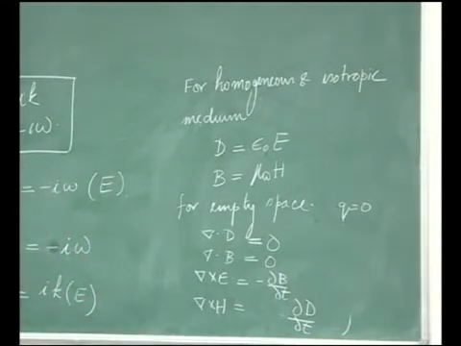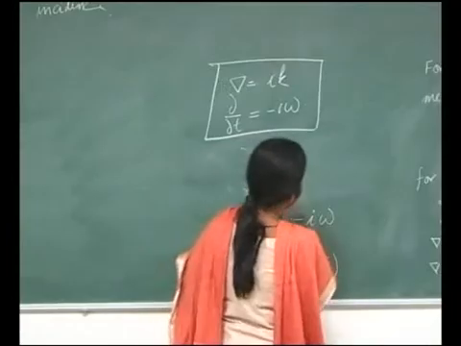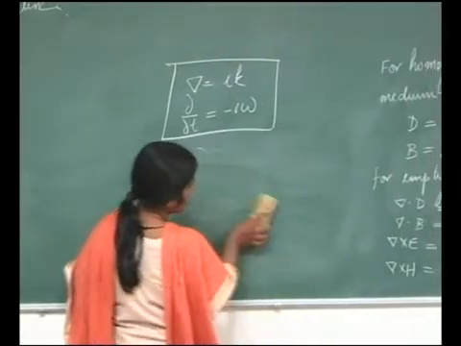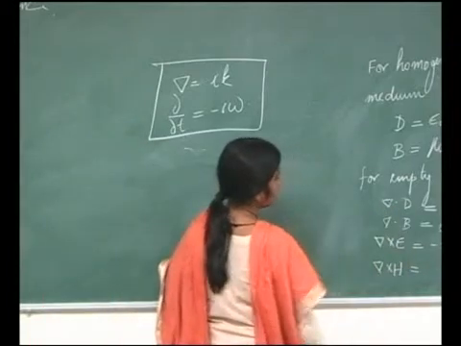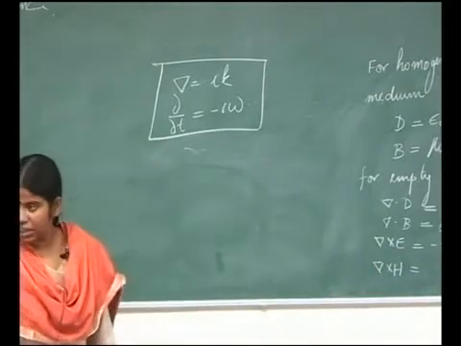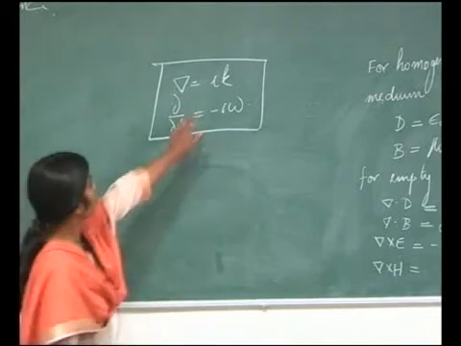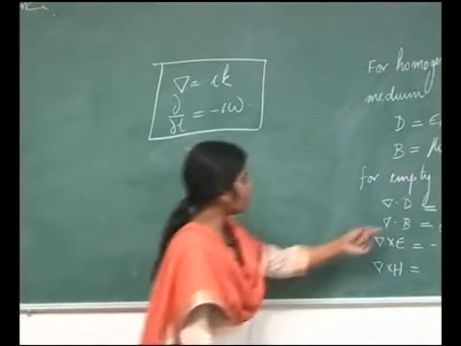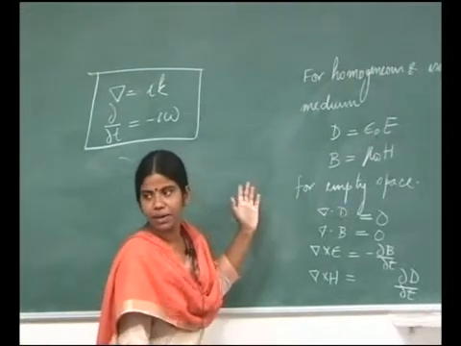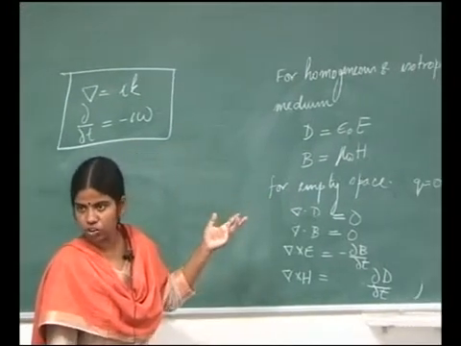Now, using these conventions, I can rewrite them. Del dot D I can write as k dot D, because i dot i is 1. Only the i component of D will get multiplied with del, and then I will get a non-zero component.